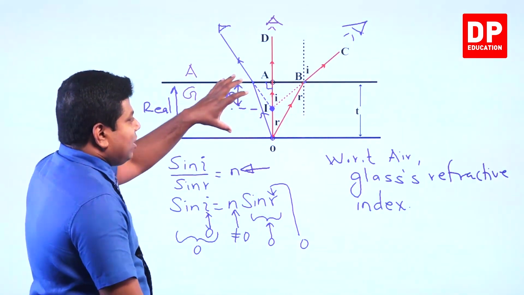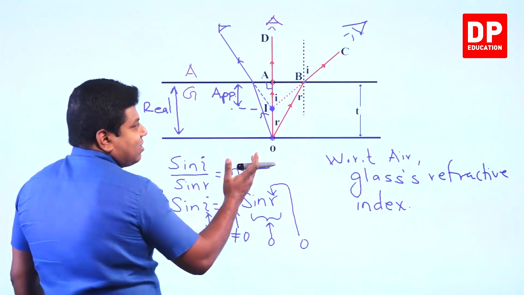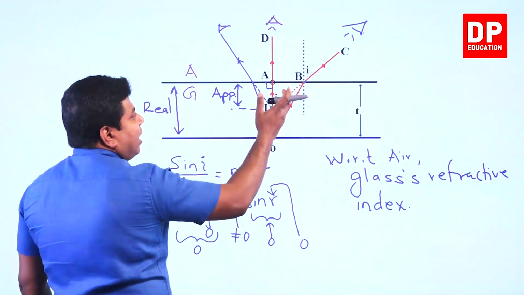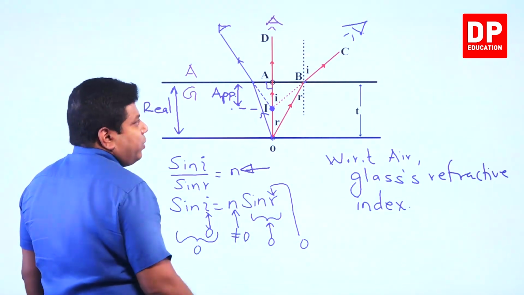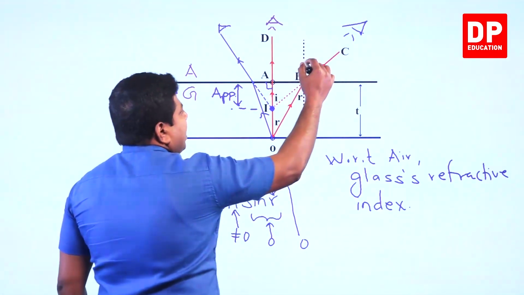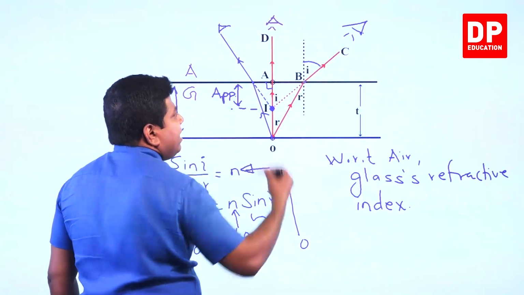Whereas how we are analyzing now is the other way around, right? The ray starts from glass and it goes into air. So to reverse the situation, I have marked I here. Why did I mark I here?